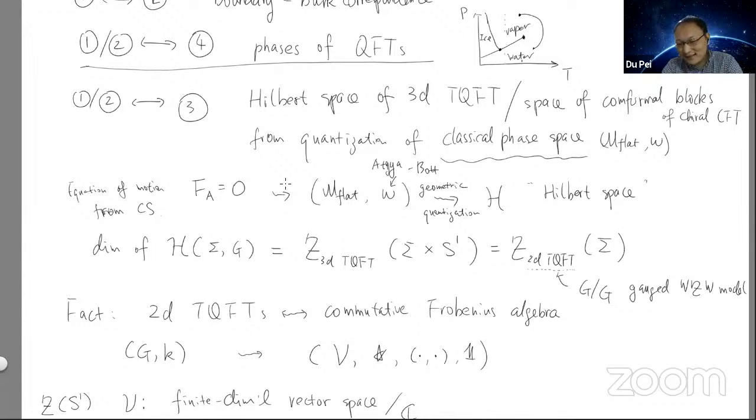But I think this is a special feature of this WZW Chern-Simons coupled system. If you replace that with something else, it may not be true that it's simply obtained by gauging. Thank you.